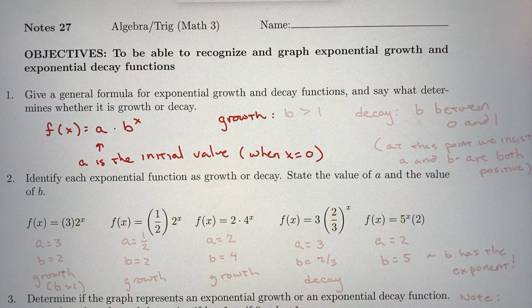if b is big, b greater than 1. Decay, b between 0 and 1.